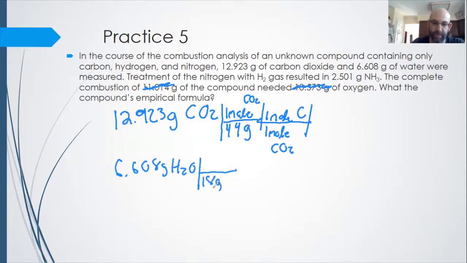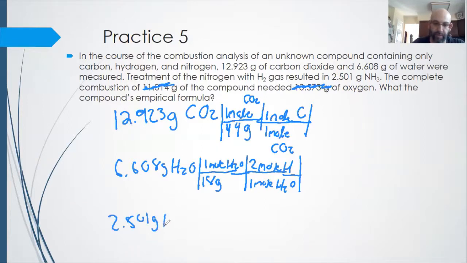Water has a molar mass of 18 grams for 1 mole of water. All right. And then for 1 mole of water, we don't get 1 hydrogen, we get 2. So we have 2 moles of H.